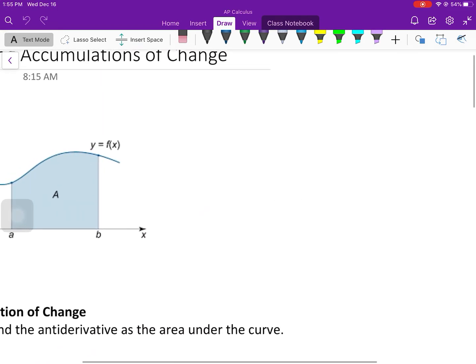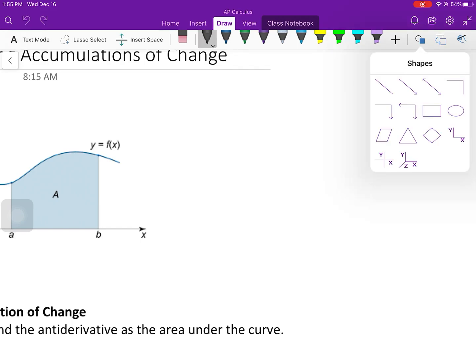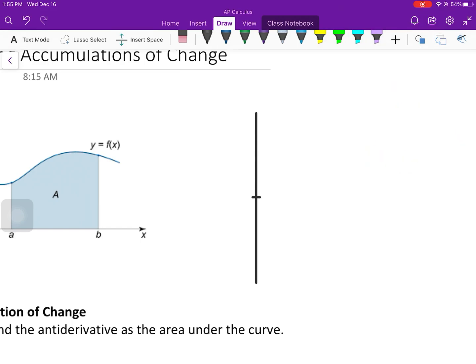So why is it the area under the curve? Let's talk about that. Let's just say we had a graph of the rate, and we know the rate is the derivative. So we'll say this is rate, this is time, and we know that distance equals rate times time. That's a classic formula in math, and it always makes sense.